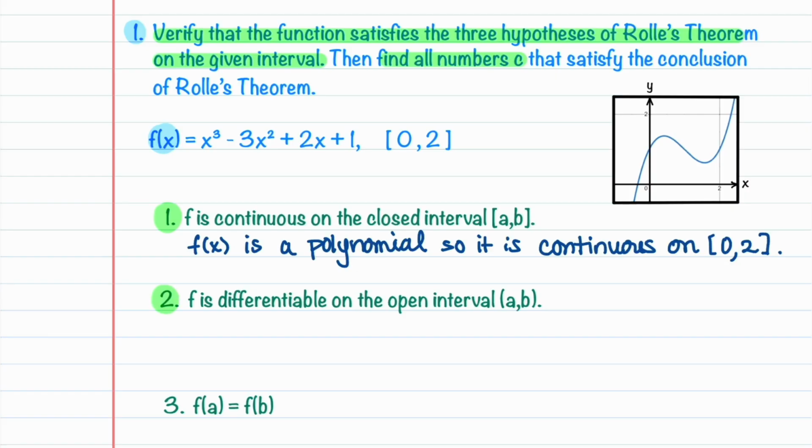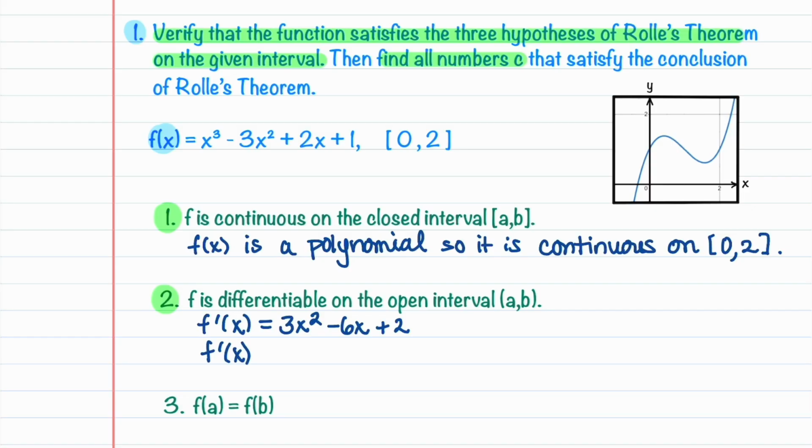Our second hypothesis says that f is differentiable on the open interval. Let's go ahead and take the derivative. F prime of x is 3x squared minus 6x plus 2. Notice that f prime of x is also a polynomial, so let's write that down.